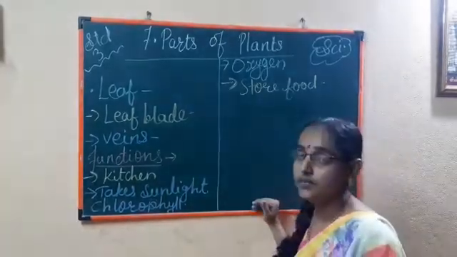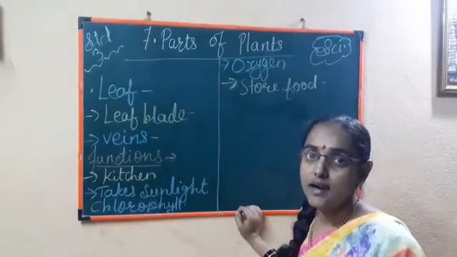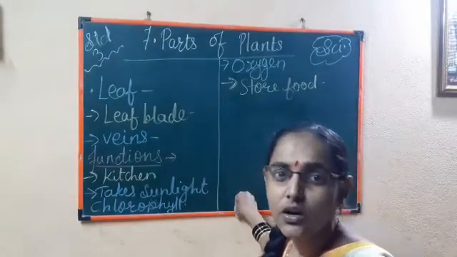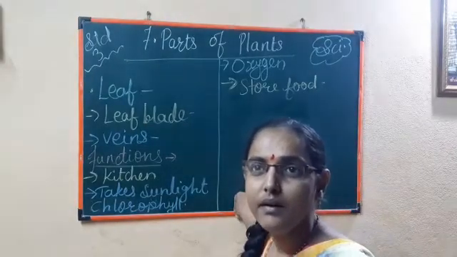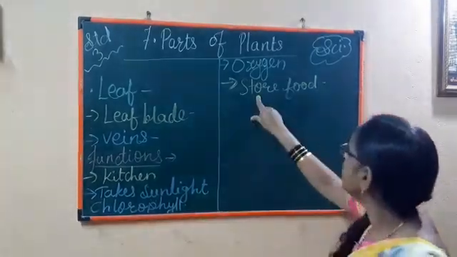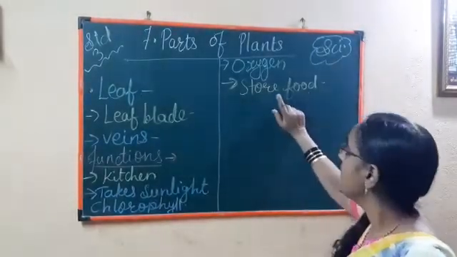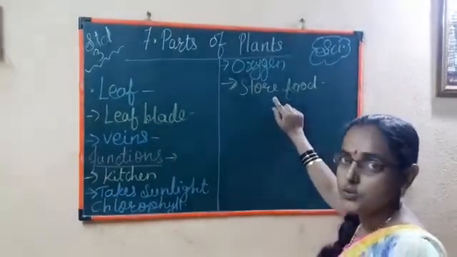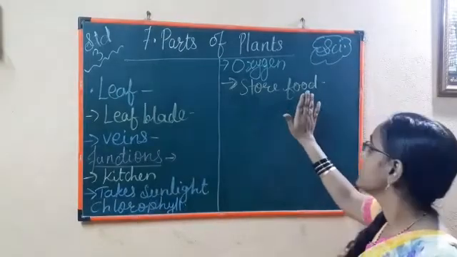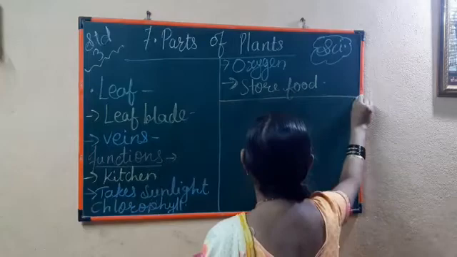We are eating different leafy vegetables, for example spinach, coriander, and many other things. Some leaves have the capacity to store food in them. So this is all about the leaves.